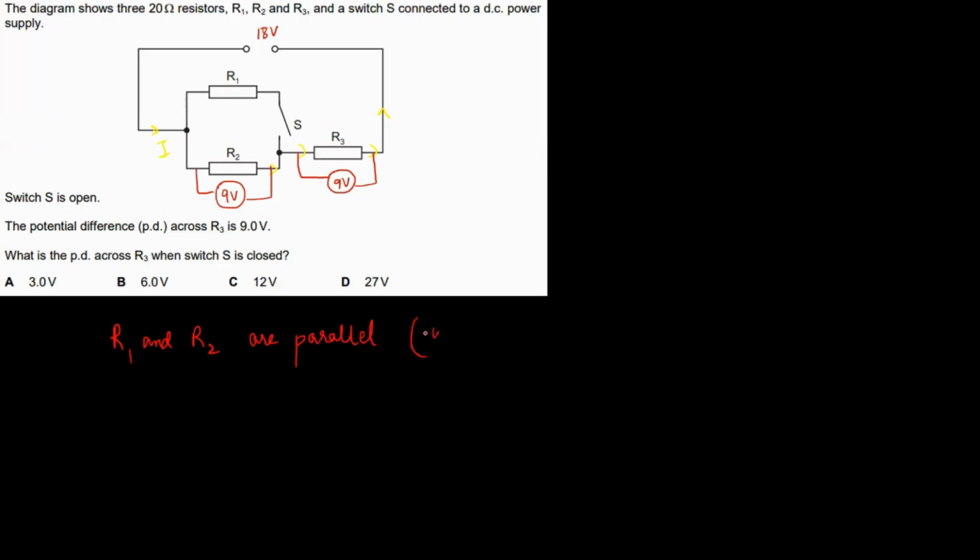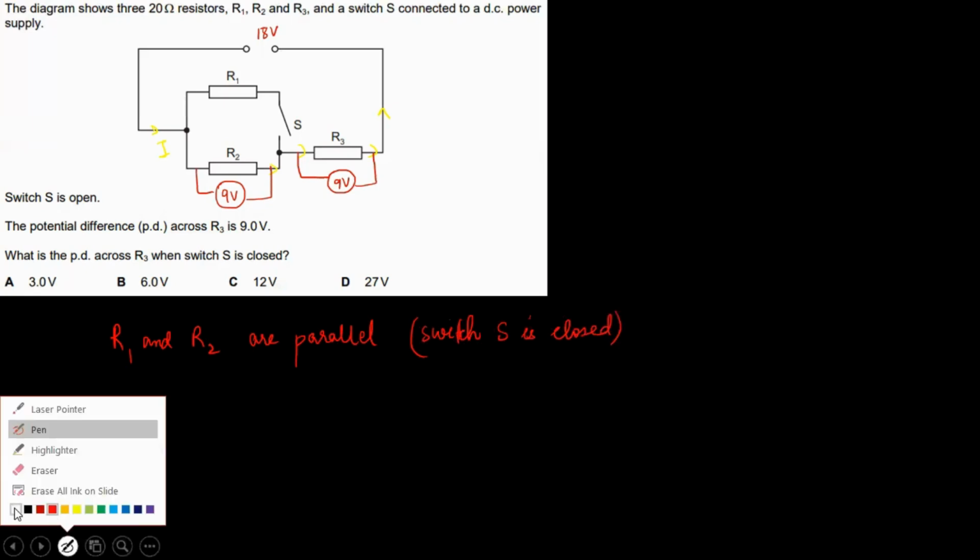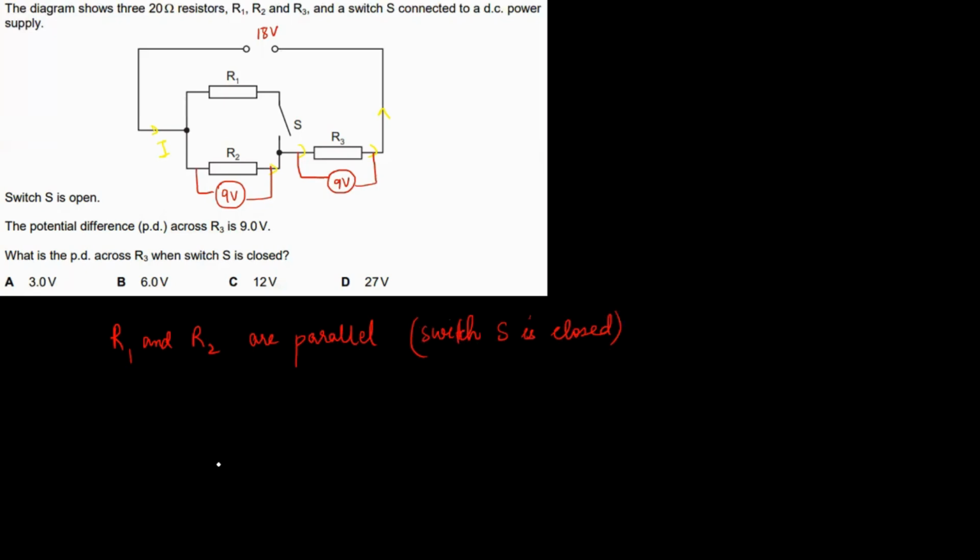When switch S is closed, R1 and R2 become parallel, so this will give you 1 upon R1 plus 1 upon R2, which gives you 1 upon 20 plus 1 upon 20.